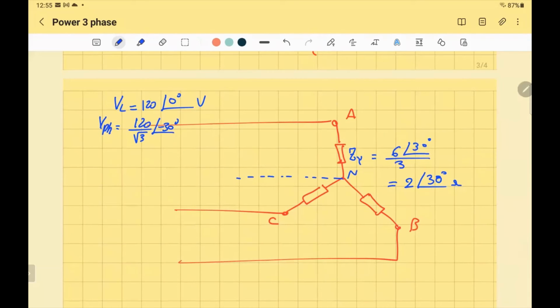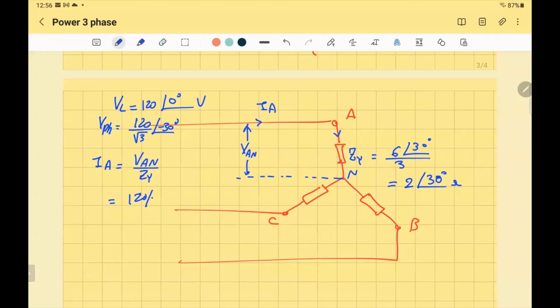And then you solve and find the current. It's easy, of course, now to find the current, but you are finding the current in this phase, right? It will be the same. So IA is the voltage of the phase, that's the phase AN, divided by ZY, that's 120 over root 3.